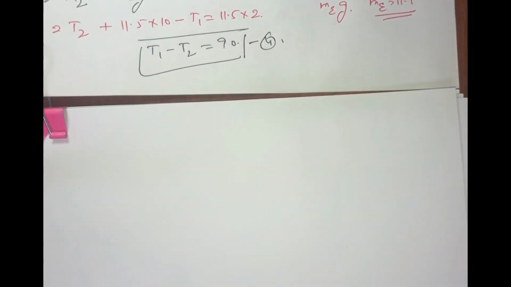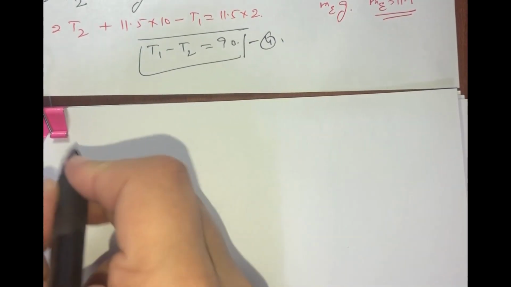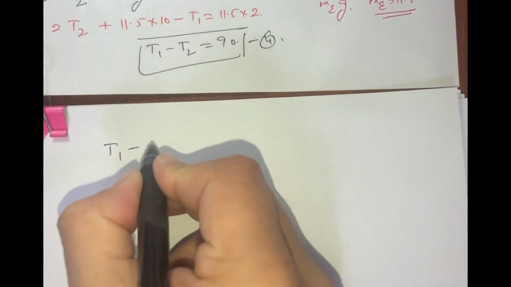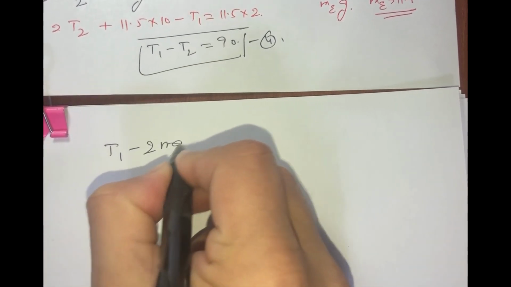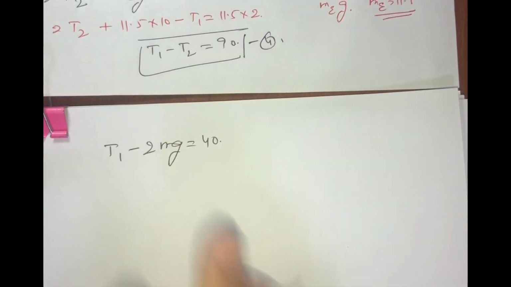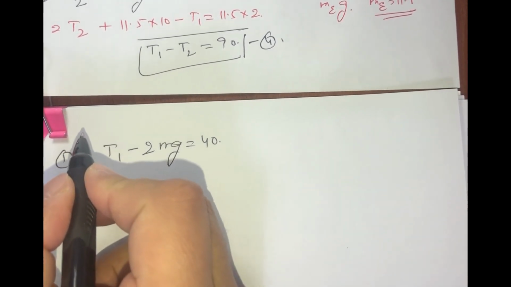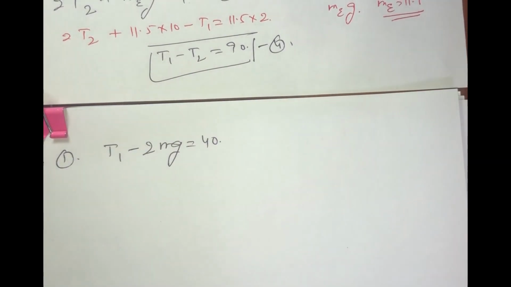We are going to solve these equations. So let me write it here. So we have this as T1 minus 2mg equal to 4m. Okay, this is equation number 1, and we can use these equations to solve it.